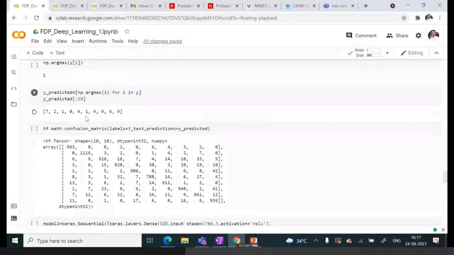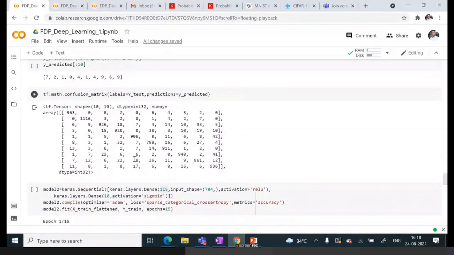We can now print the first 10 predicted values, and we can also print the actual values present in y, and then compare and get an intuition of how well our system is doing. We can also print the confusion matrix, where diagonal entries correspond to correct answers and other entries are mismatches. For example, if your image is of 0, then the system is telling you 6 times it's an image of 5.